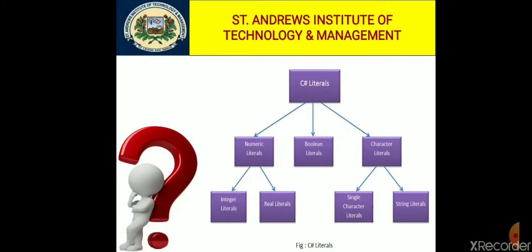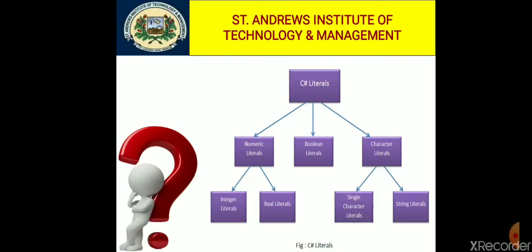Next one is string constant. It is a part of character literals. C# supports two types of string constant: regular string constant and verbatim string constant. A regular string constant is a sequence of zero or more characters enclosed within double quotes.